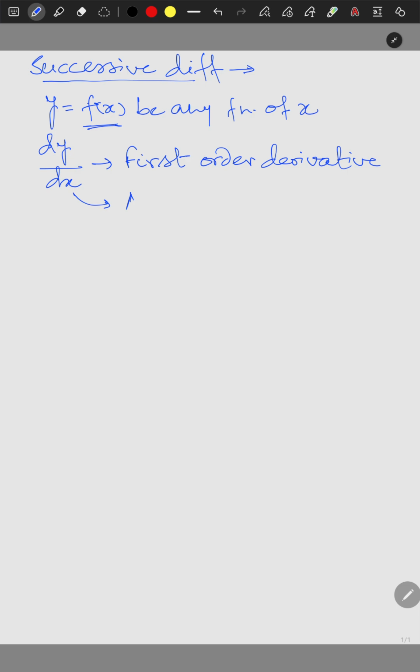So this is again a function of x, right? So we continue with this process and we can find the second order derivative, and this is again a function of x, so we can find the third order derivative, d cube y over dx cube, and so on.